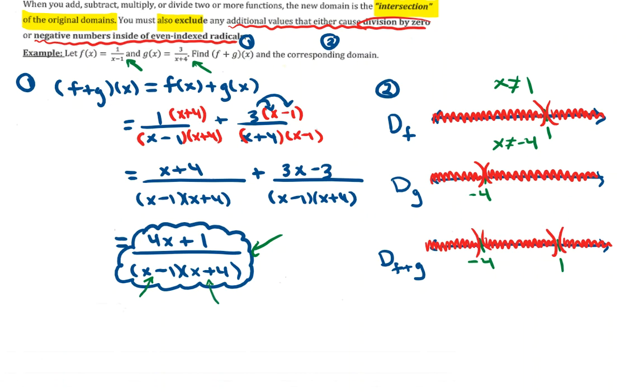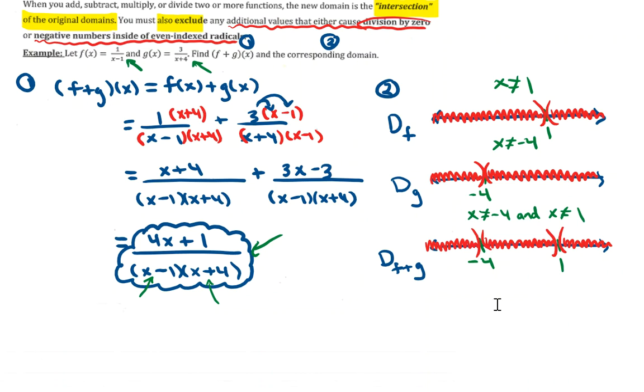So if we just look at the combined function at face value, it also tells the story that we should not use -4 and we should not use +1. I'll summarize that above this number line. x cannot equal -4 and x cannot equal +1. And you'll notice that that's the combination of both domain restrictions from the domain of f and the domain of g.